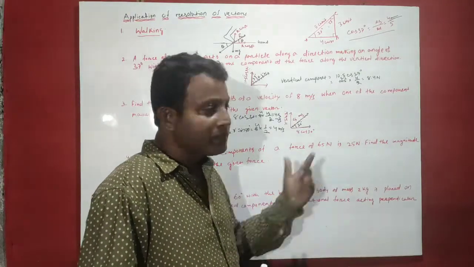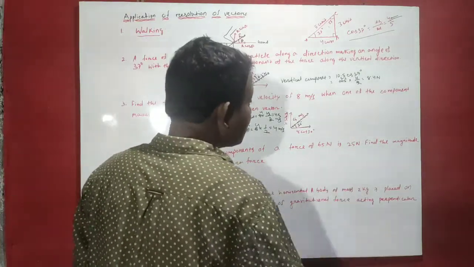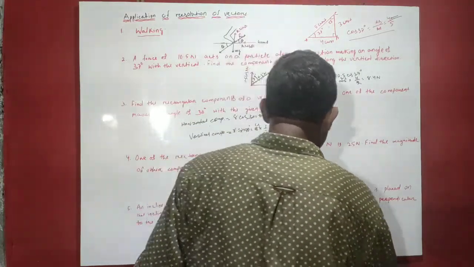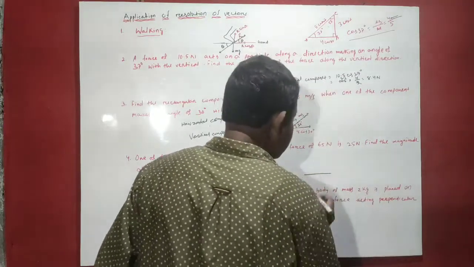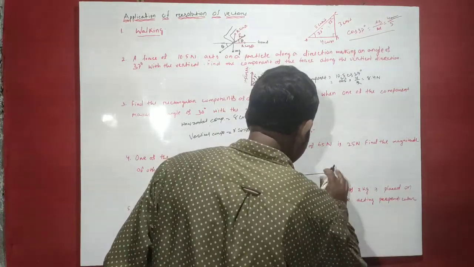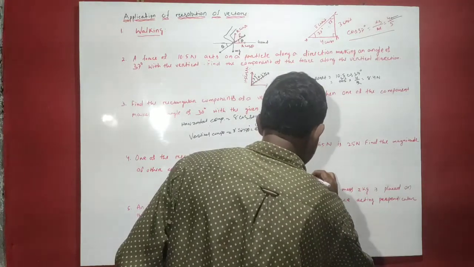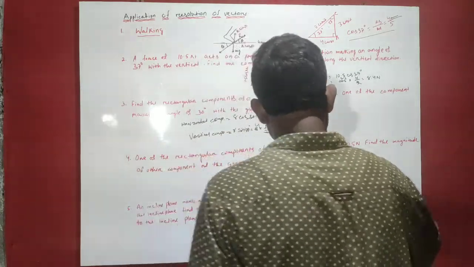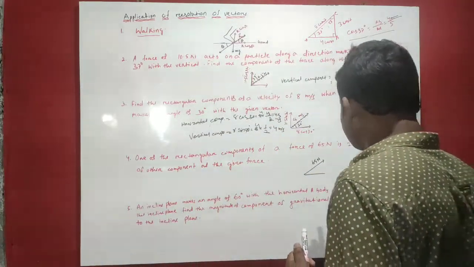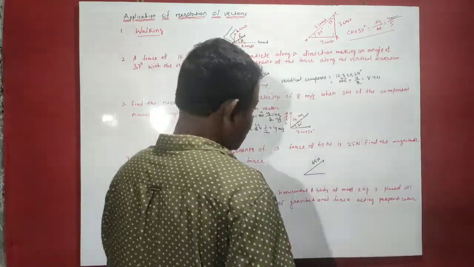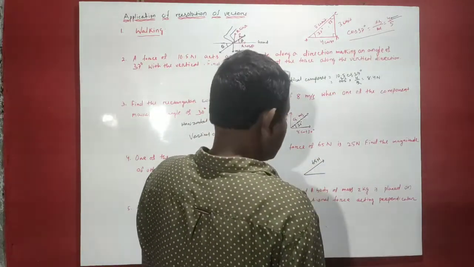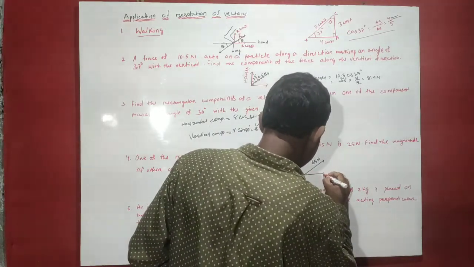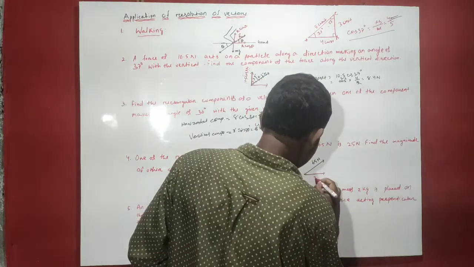If we represent this vector as a side of a right angle triangle, let me draw a picture here. This is the vector of 65 Newton, and another component vector is 25 Newton.